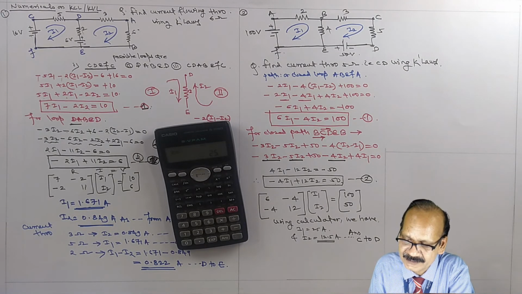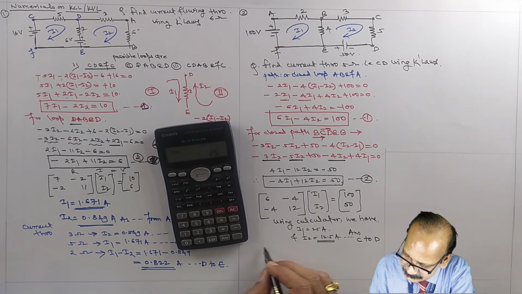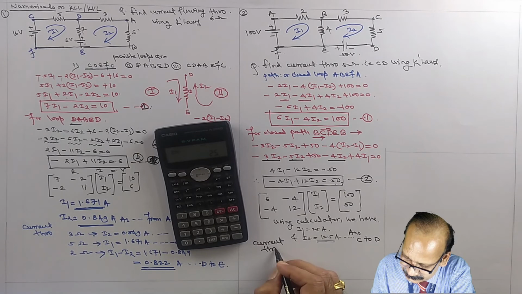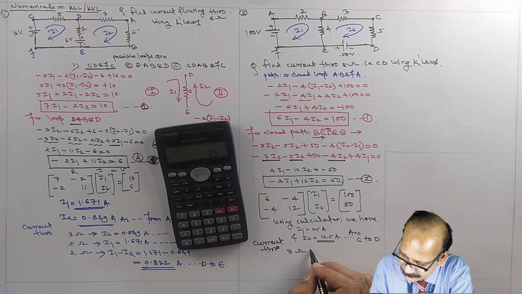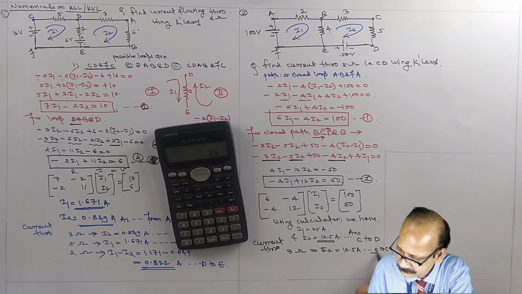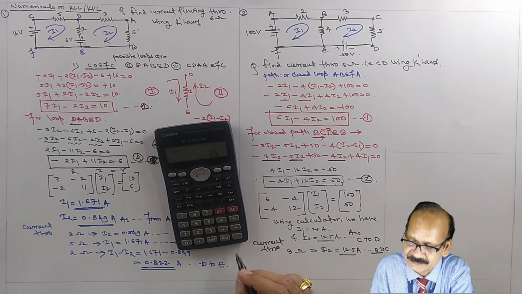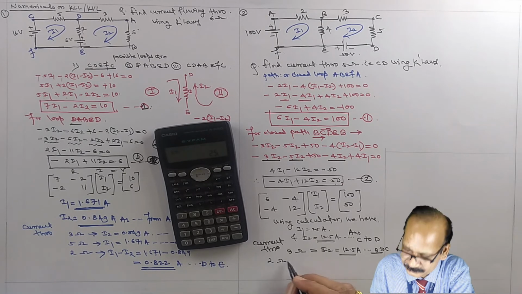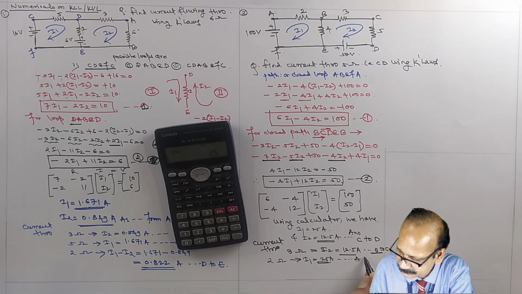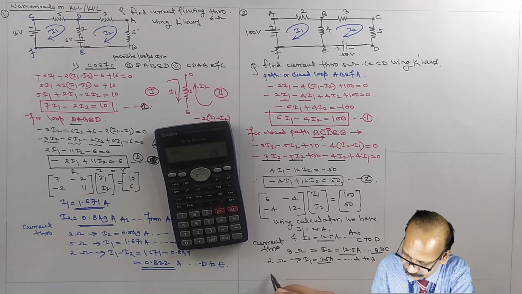But what about the 3 ohm and 2 ohm resistances? The current through the 3 ohm is nothing but I2, and that is equal to 12.5 ampere. This is from B to C, because the answer is positive. Then 2 ohm, what is the current flowing? I1, and this is equal to 25 ampere. This is also positive, means flowing from A to B. And 4 ohm, how much is the current?